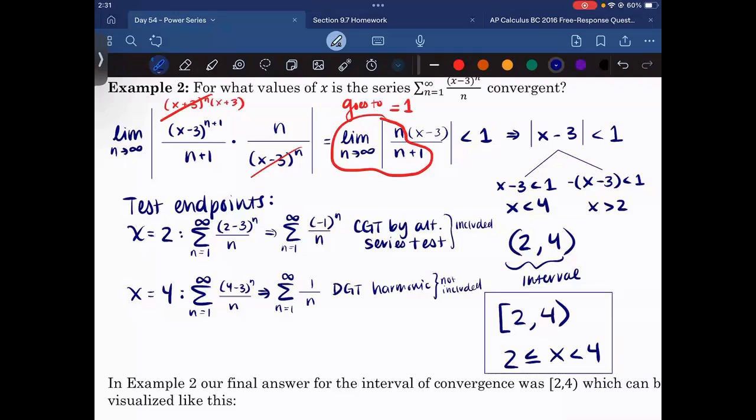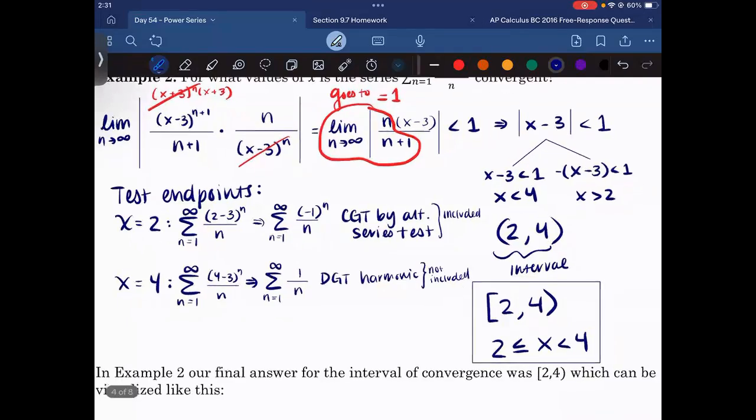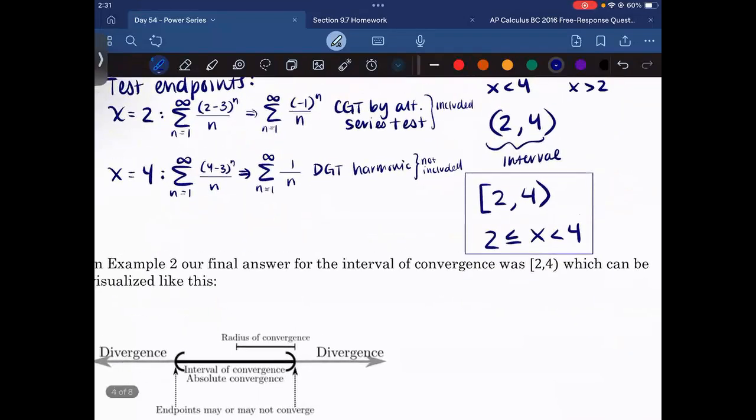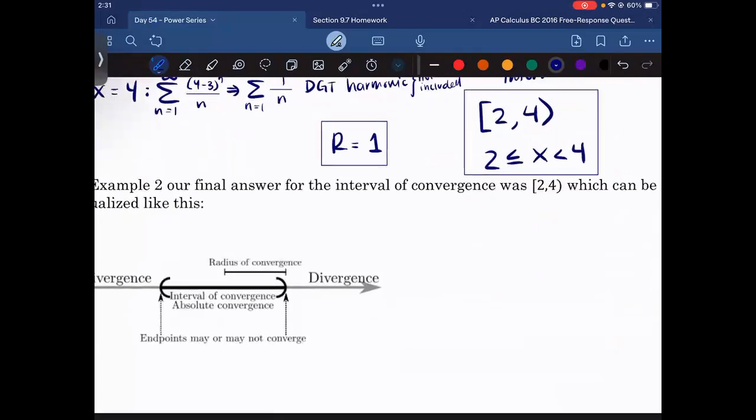And we will test our radius of convergence. So I'm going to scroll down a little bit here. We haven't talked about it yet, but the radius is basically just split the difference. Obviously between 2 and 4 is 2, 2 divided by 2. So it would just be our radius equals 1. So that's what it's going to look like.